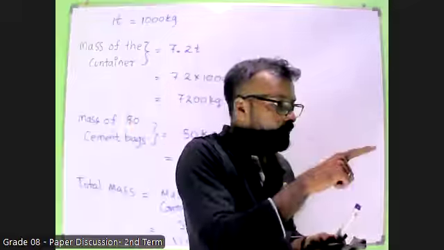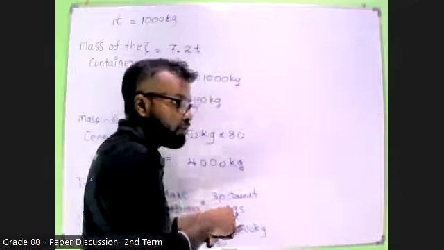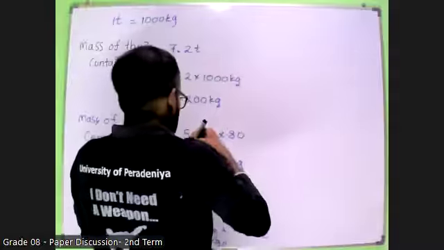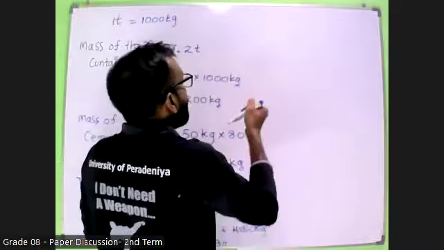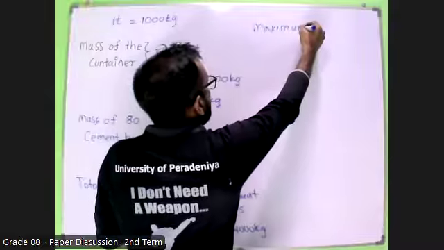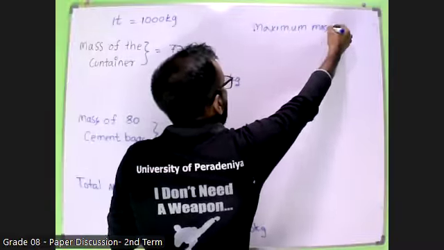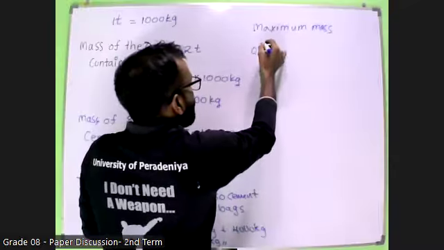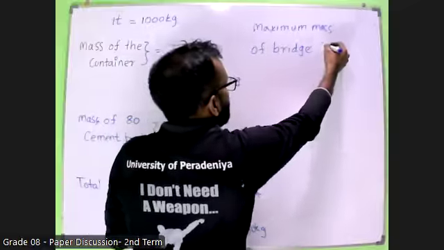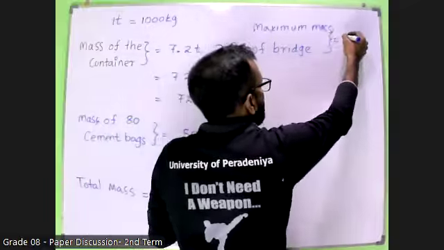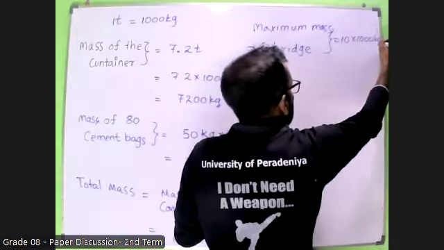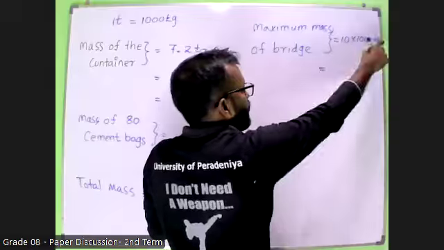So let's convert the 10 tons into kilograms. The maximum mass of the bridge is 10 tons, so we multiply 10 tons by 1,000.